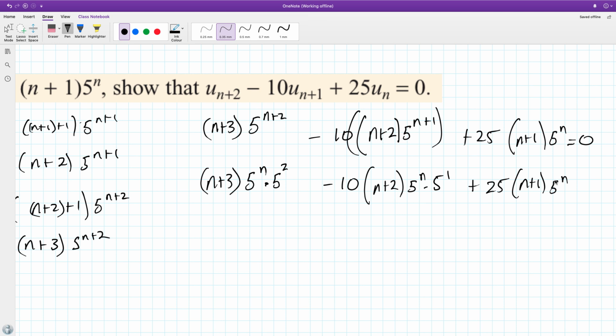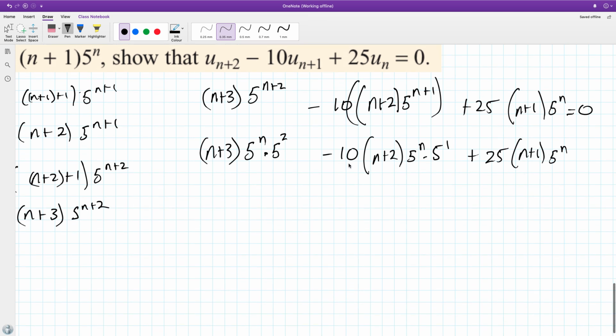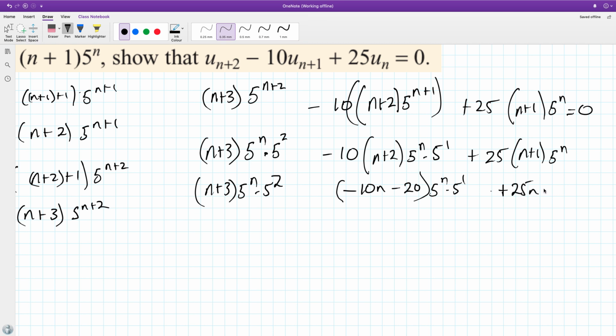Right. Let's multiply in our 25s and our minus 10. n plus 3 by 5 to the power of n by 5 to the power 2, minus 10n minus 20 times 5 to the power of n by 5 to the power 1, plus 25n plus 25 by 5 to the power of n.